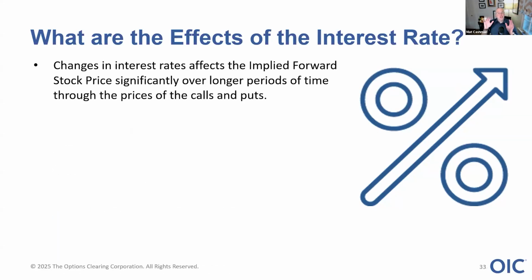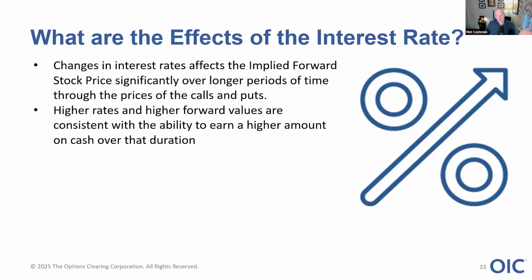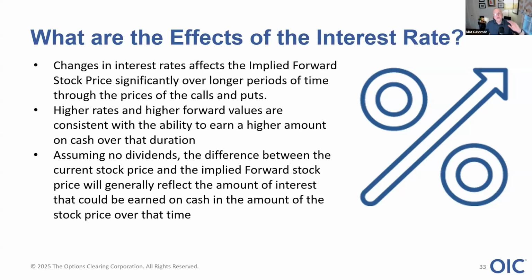Changes in interest rates are going to show up in the forward price, in the price of the options. And it's going to be significantly more over longer periods of time because of that compound effect that I talked about. Higher rates and higher forward values are generally consistent with the ability to earn a higher amount on cash in that savings account that I talked about over that duration.